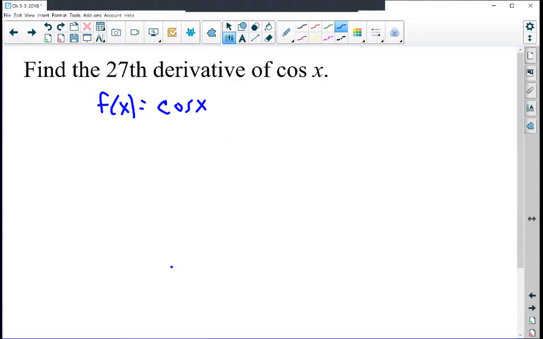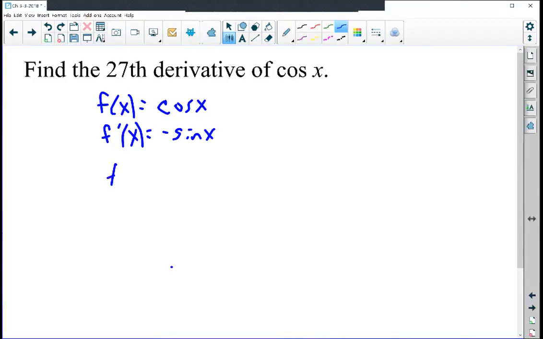What is the first derivative of cosine? Negative sine x. What is the second derivative, or the derivative of negative sine x? Negative, and then the derivative of sine is cosine x.